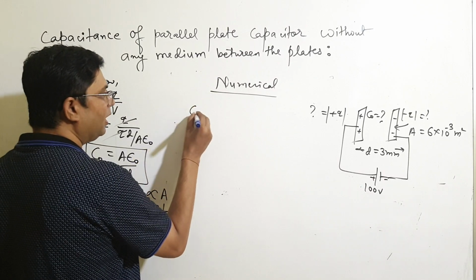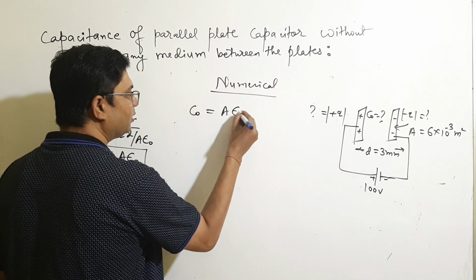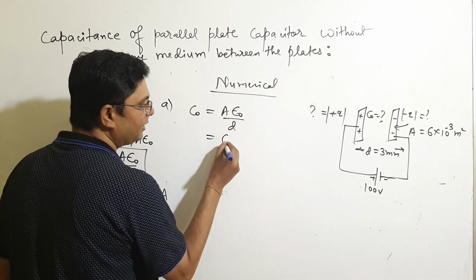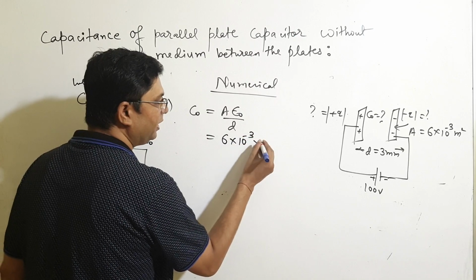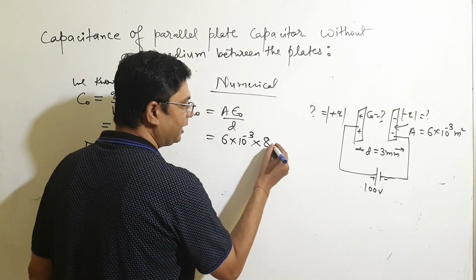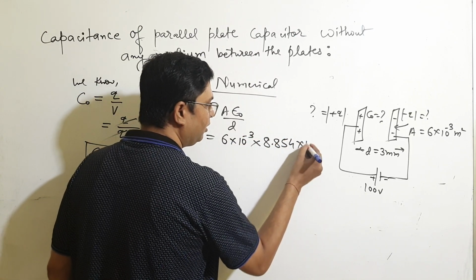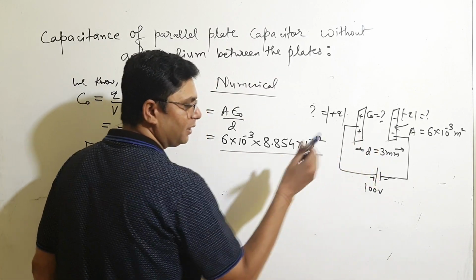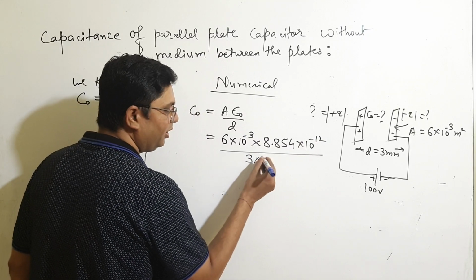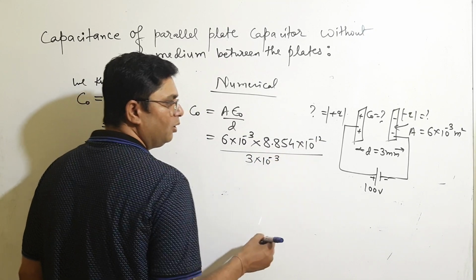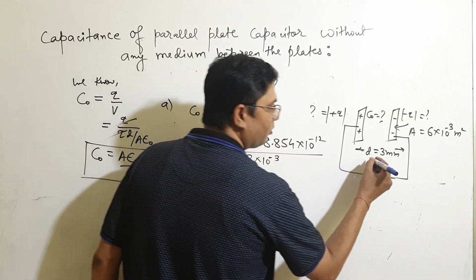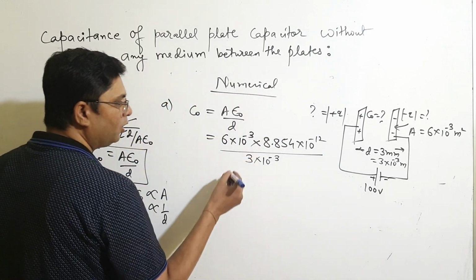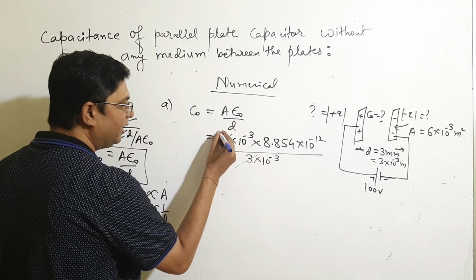So we have the formula C naught equals A epsilon naught upon d. The value of A given is 6 into 10 to the power minus 3, and the value of epsilon naught is 8.854 into 10 to the power minus 12. You know it. And the value of d is 3 millimeter, so convert it into SI. It is 3 into 10 to the power minus 3 meter. Now cancel this 3 with 6, and you get 2 here.